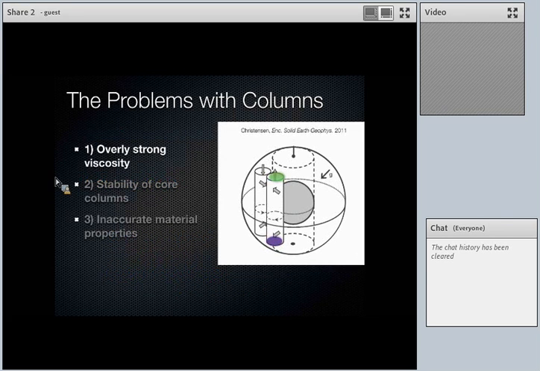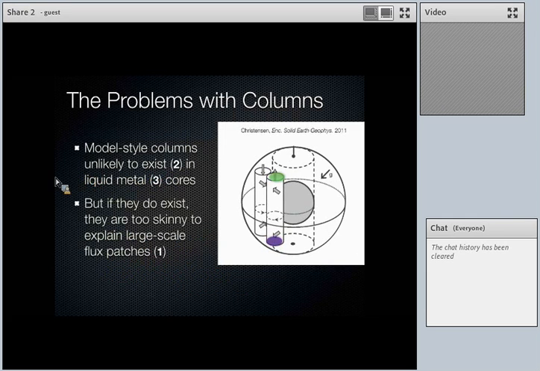Okay. The other two points I'm not going to address here in order to save time. Instead, I'll just sum up points 2 and 3 that I didn't actually discuss. I don't believe these 10 meter by roughly 2,000 kilometer tall columns are likely to be stable.